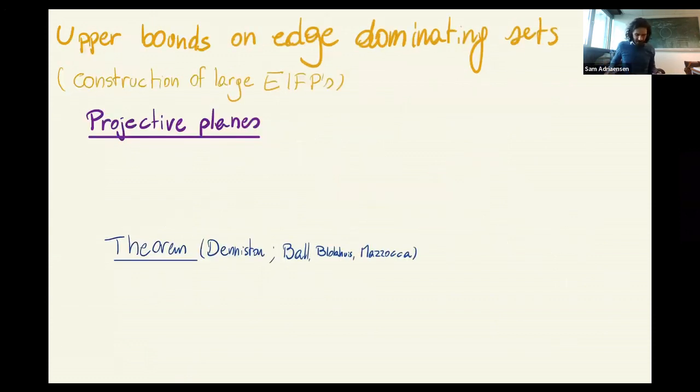And let us start with everybody's favorite example of symmetric designs, the projective planes. These are the symmetric designs where lambda equals 1. And then necessarily their parameters are of the form q squared plus q plus 1, q plus 1, and 1.